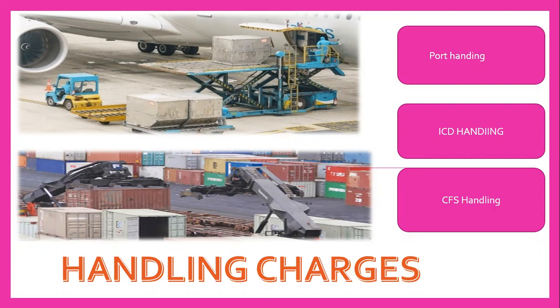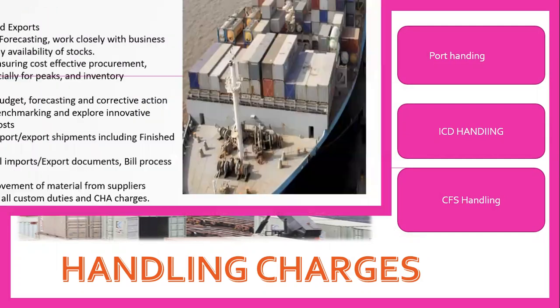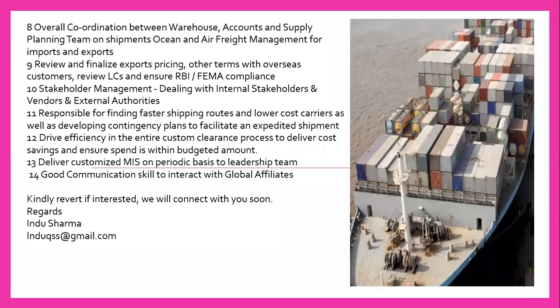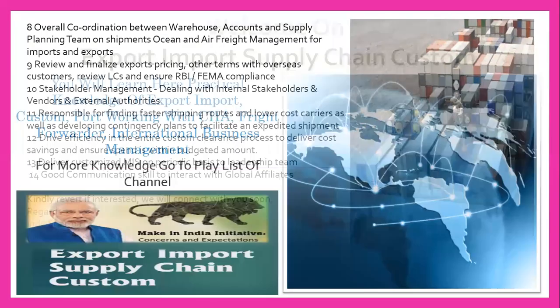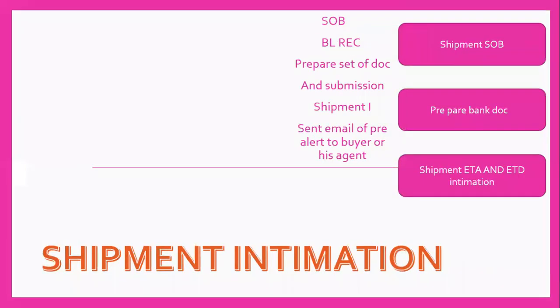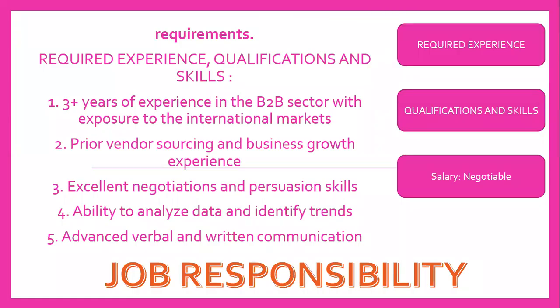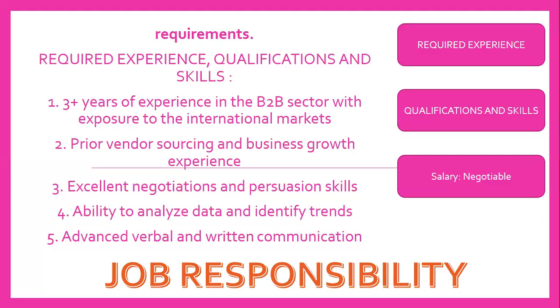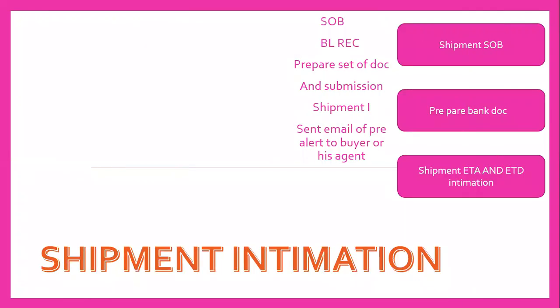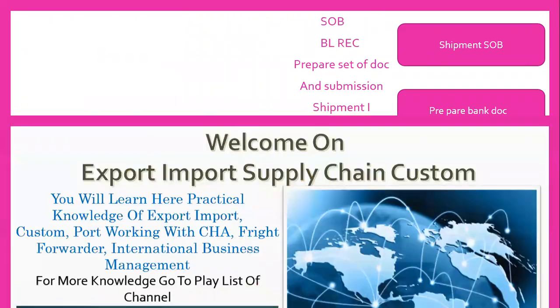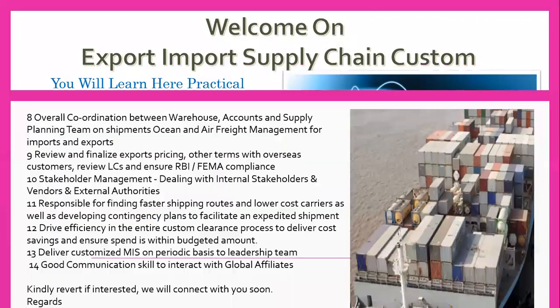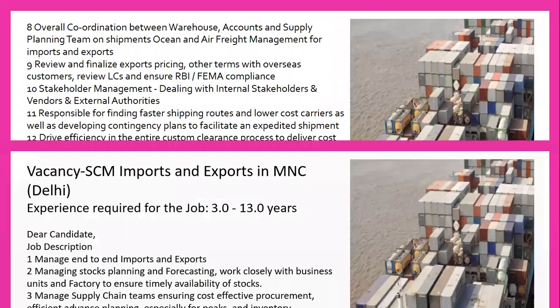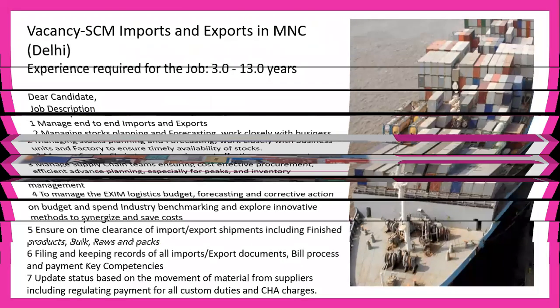Okay, for example if we talk about air cargo, in the case of handling charges we can consider, other than the port, the agent will pick up your cargo from the factory and deliver the cargo at the airport. So this is also handling.